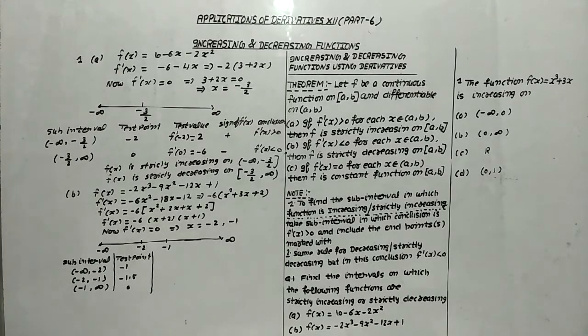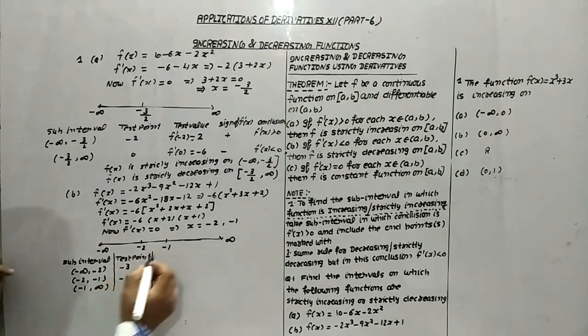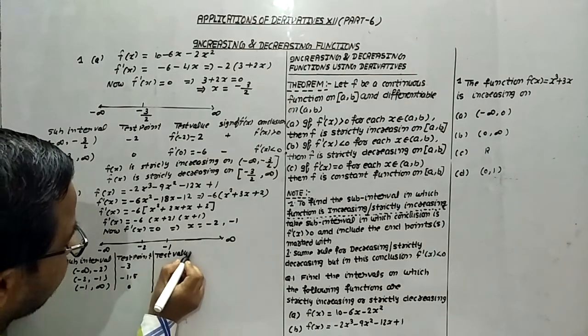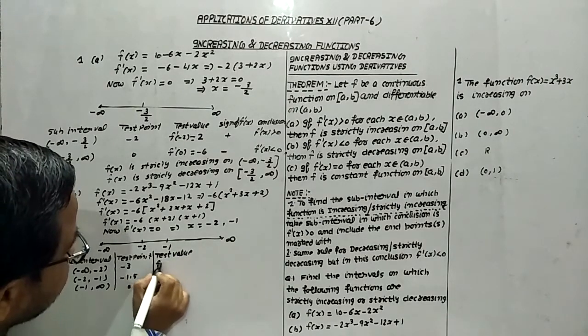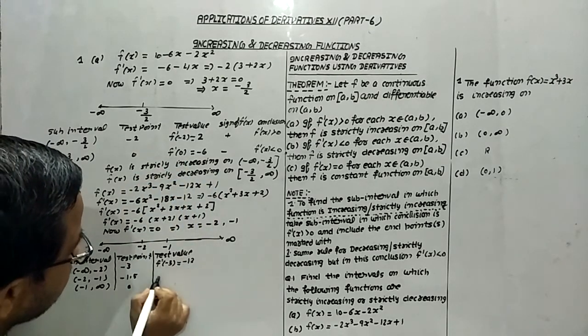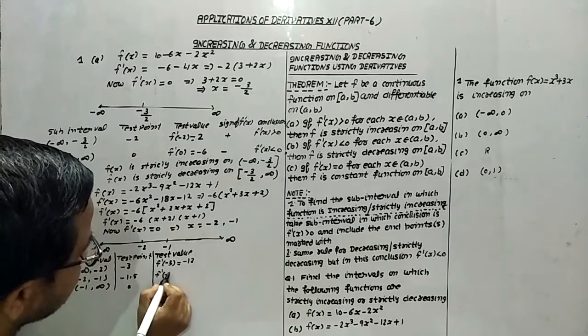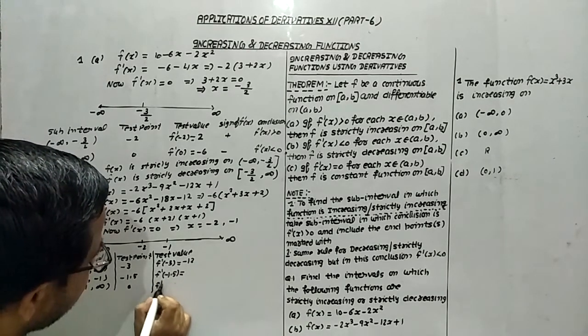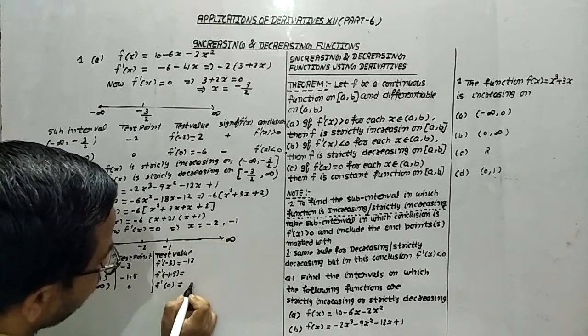Now we have to calculate the test value. Once we get the test value, f dash minus 3, once you calculate, it will come minus 12, then f dash minus 1.5, and then f dash 0 will also come.